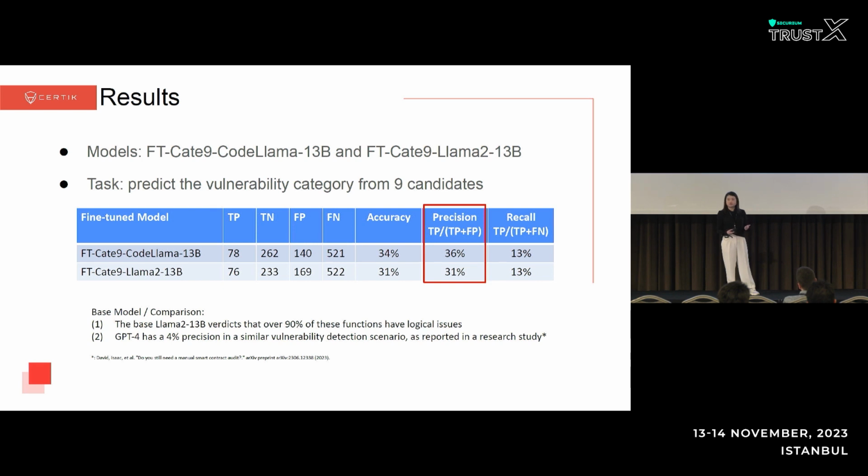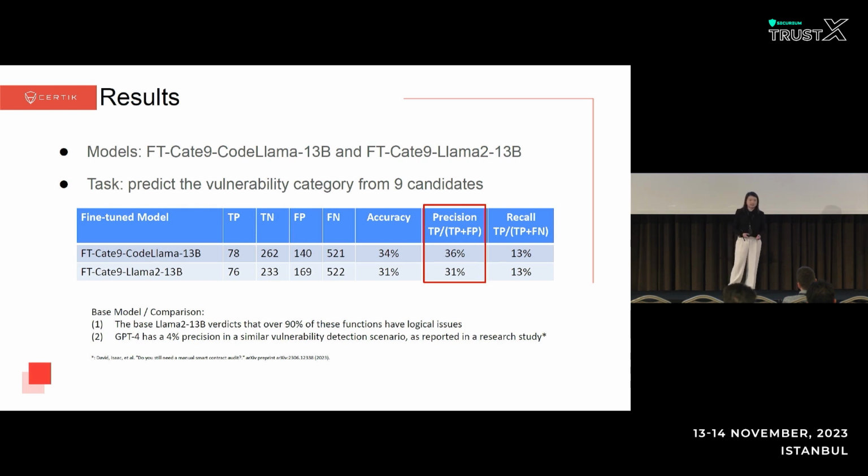You can tell the difference, but it's not as much as we were expecting, right? And one of the facts that we found is that Llama 2, the general task model, will take over 90% of the functions as logical issues. From the sample evaluation data, logical issues are around 15%.